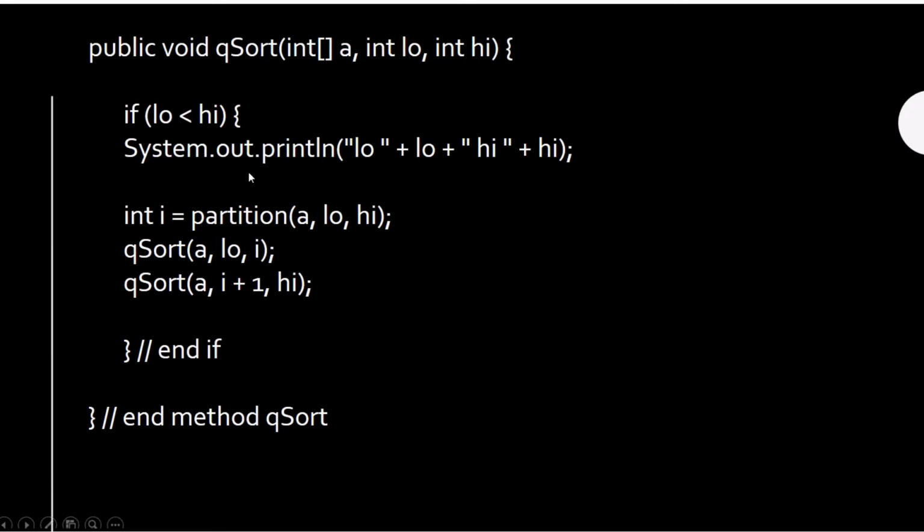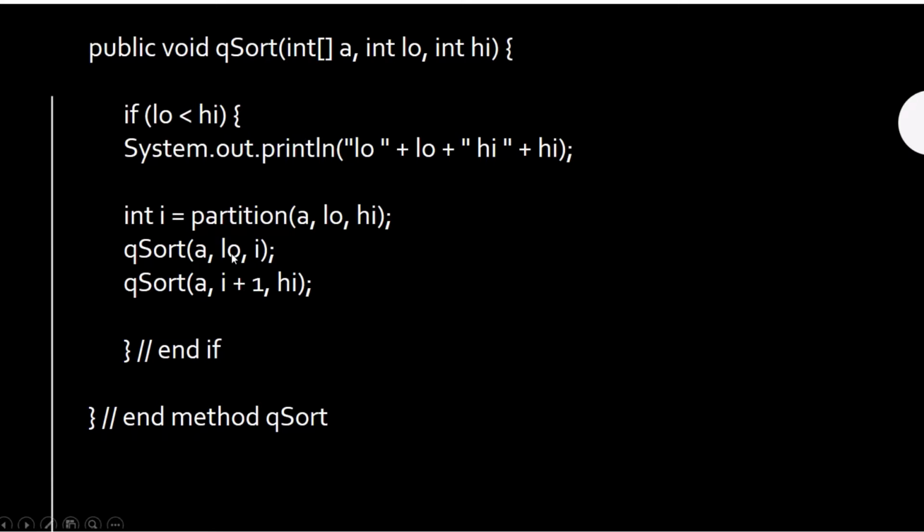So we check if our low is less than high, and we call partition on the array with the low and the high. Then we recursively call this same method, Quicksort, on the array from low to high.